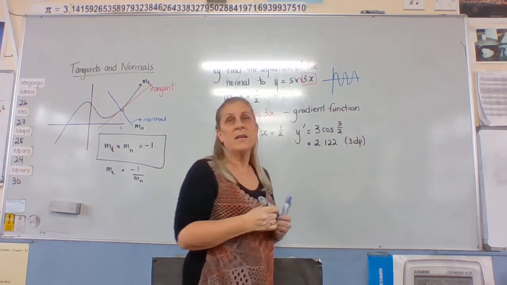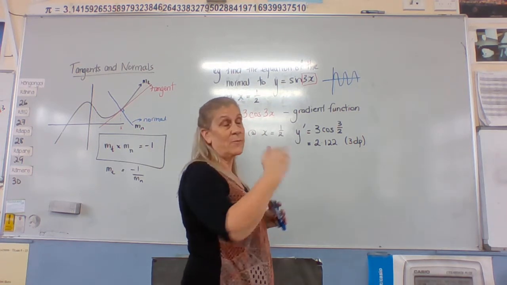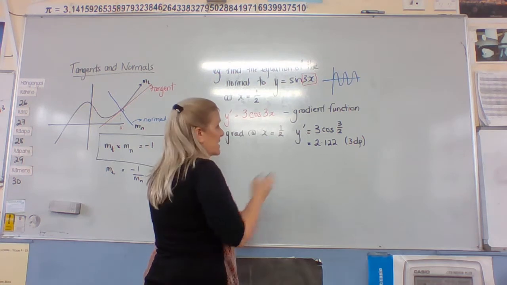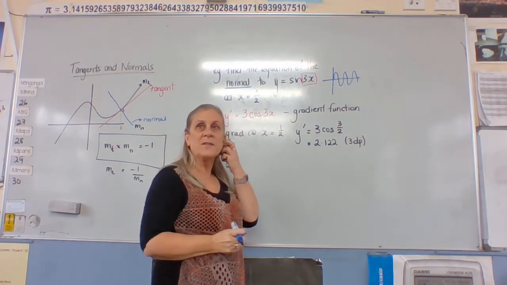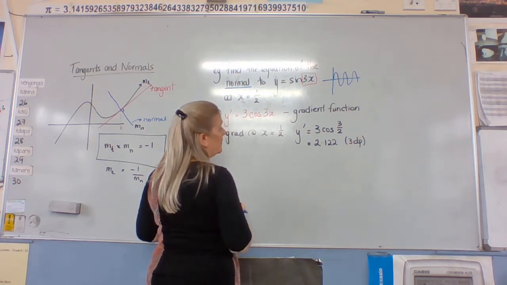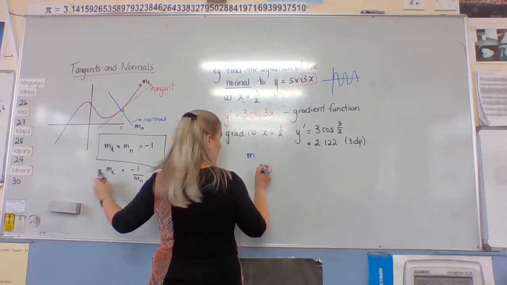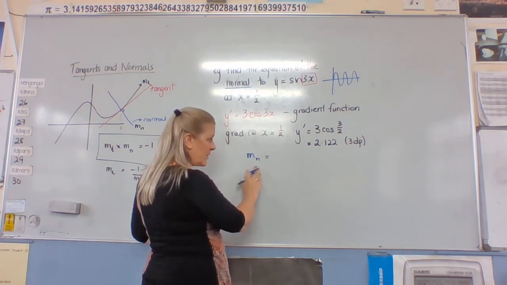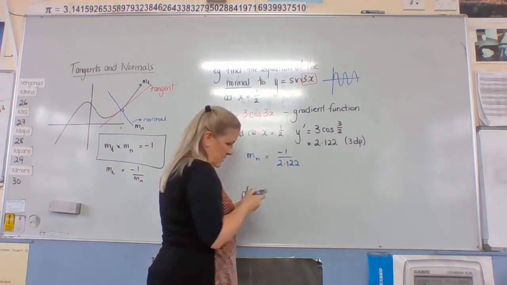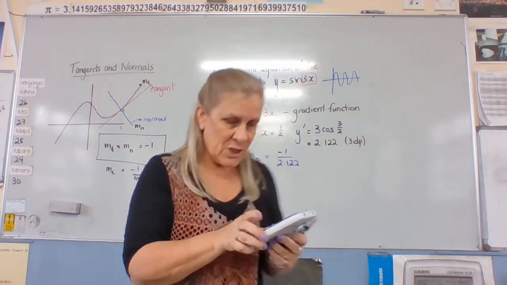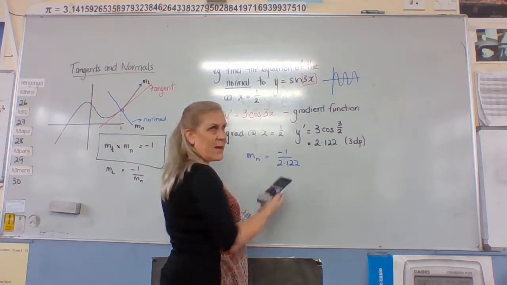Right, nowhere yet close to actually finding the answer because we've got to a kind of achieved level at level 2. We need to keep going. So our next job is, because it's the normal, which I would have highlighted if I was in the exam, I need to put this in. So the gradient of the normal, m_n, equals negative 1 over 2.122. Now, you do actually have a button on your calculator that will do this without having to type it in.